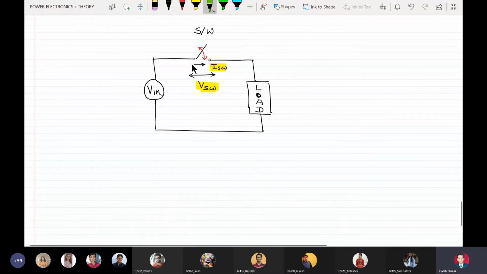So now the switch is in closed condition.